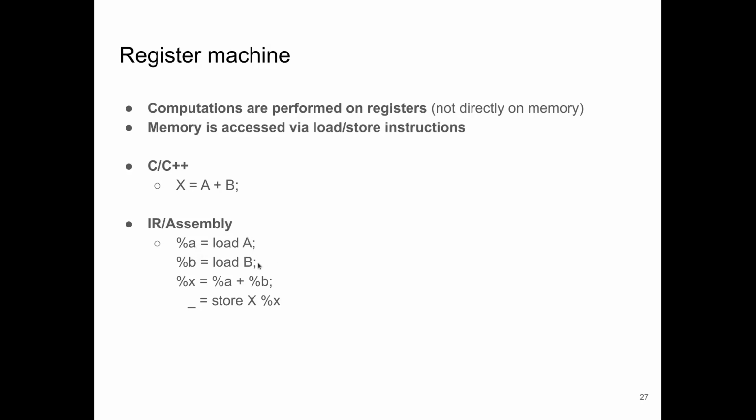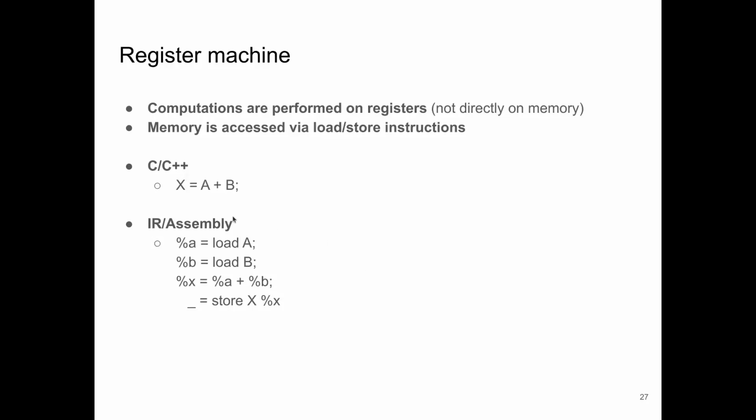And furthermore, you also explicitly load the value of B into a register instead of directly adding the values A and B. After loading the values into registers, you perform the computation and get the result x. Then you store it back to the variable x that is stored in memory. So that is the translation of this one-line statement into IR.